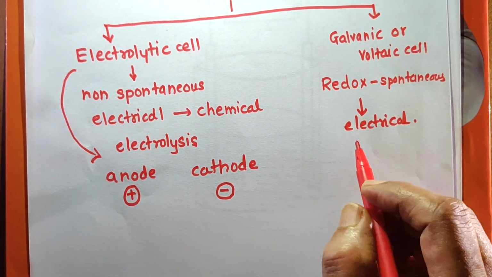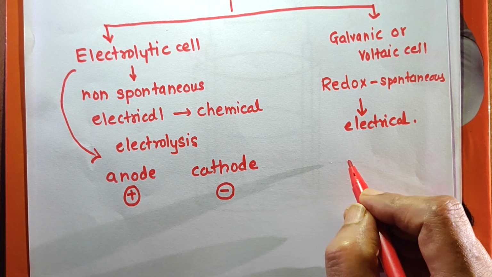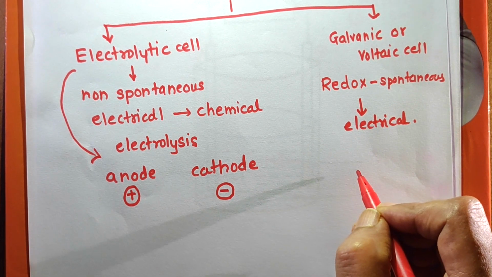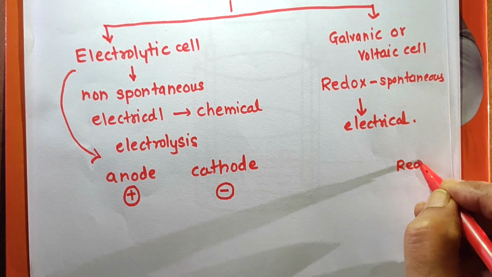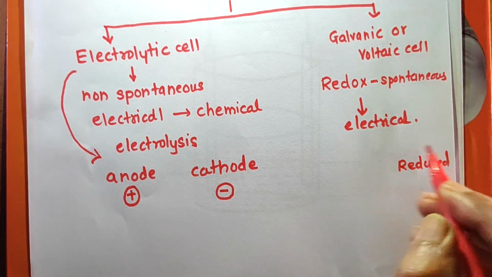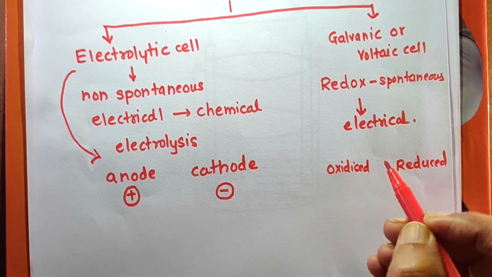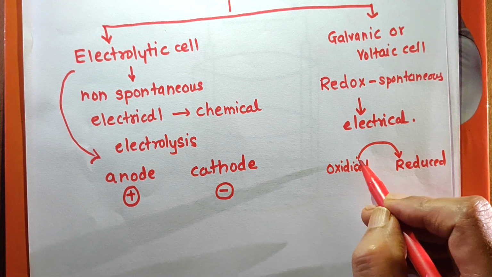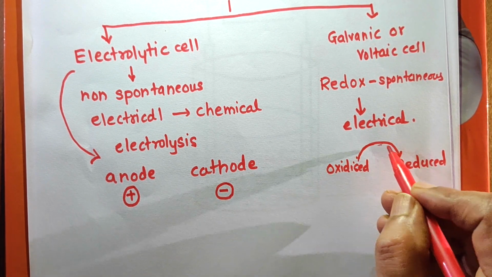The substance which gets oxidized loses electrons, and these electrons are carried from the substance which is oxidized towards the substance which gets reduced. That is, the electrons are carried from the oxidized substance towards the reduced substance by using the metallic wire, and due to this we can obtain the electric current.